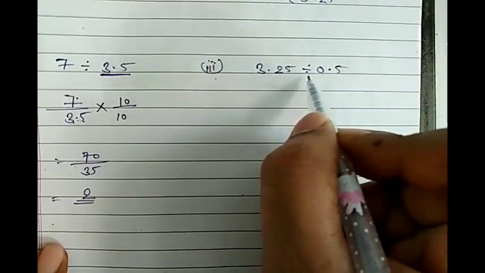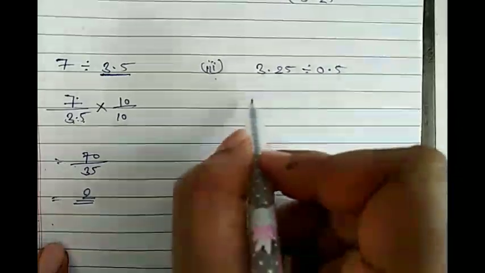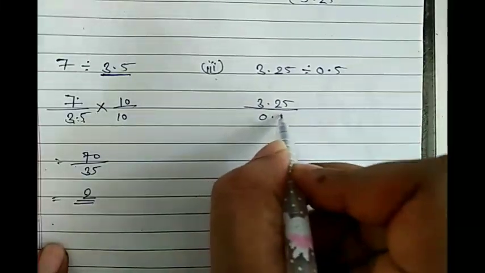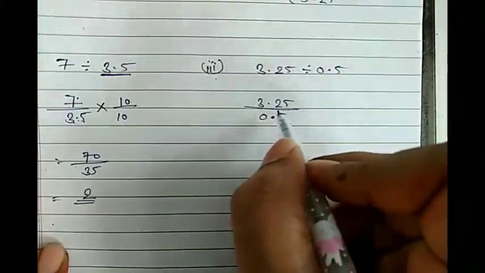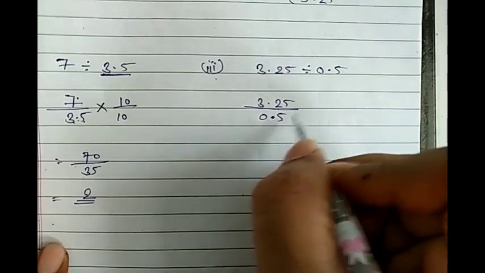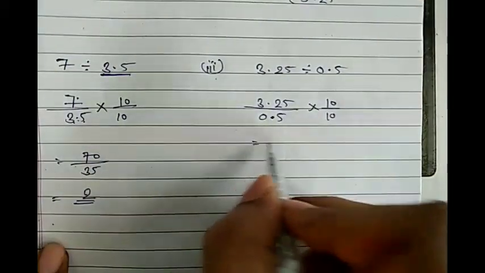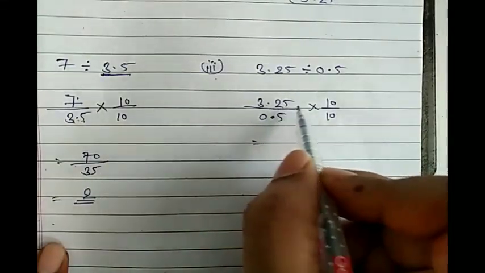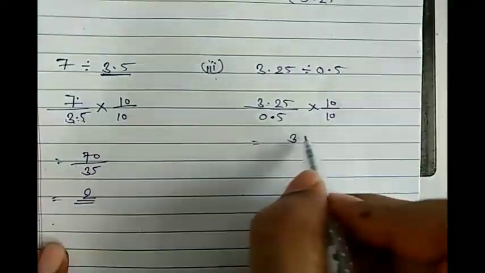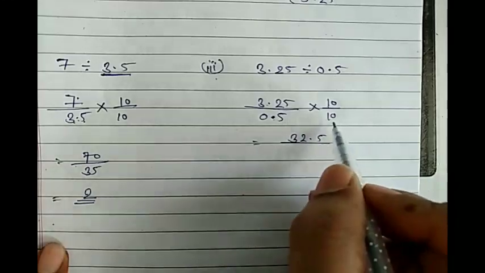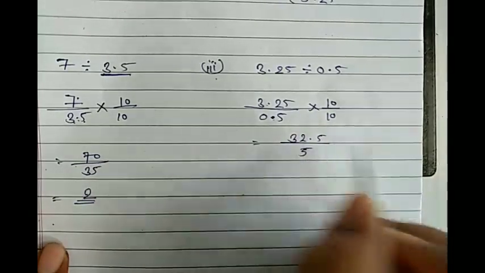Question number 3. 3.25 divided by 0.5. The same thing, write in the form of a fraction. There is one digit after the decimal in the divisor, so we have to multiply both numerator and denominator by 10. 3.25 multiplied by 10 becomes 32.5, the decimal goes one side forward, and 0.5 multiplied by 10, we get 5.